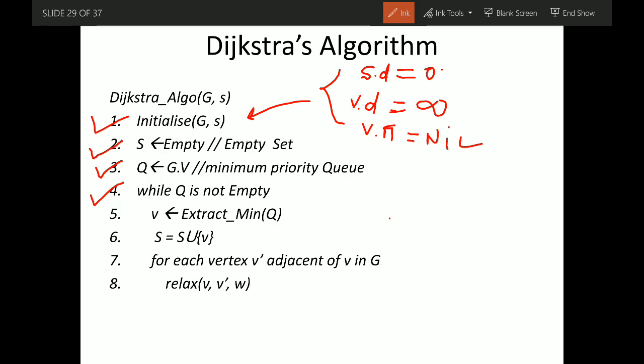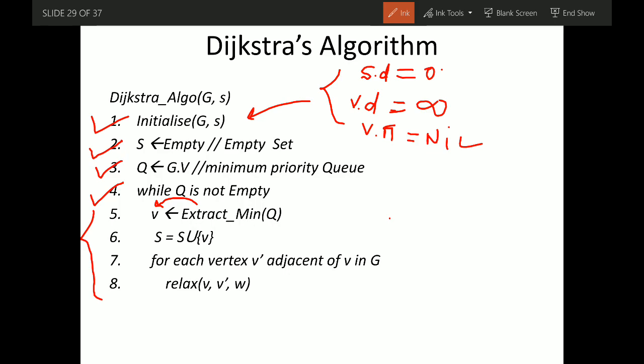So the fourth step is actually a loop, covering the fifth to eighth steps. It runs till the queue is not empty, and for each iteration we extract the minimum vertex v from the queue based on the shortest path estimate, and we add that to S, which means that we have processed the vertex v.